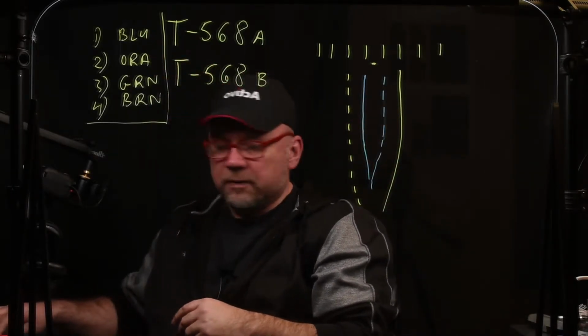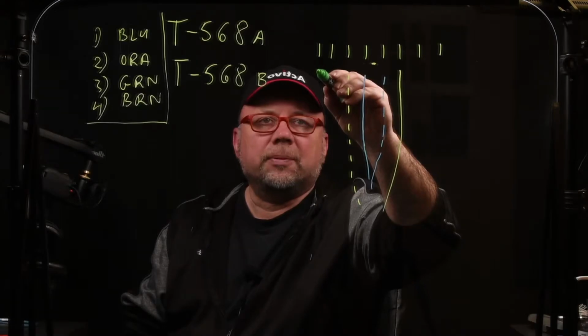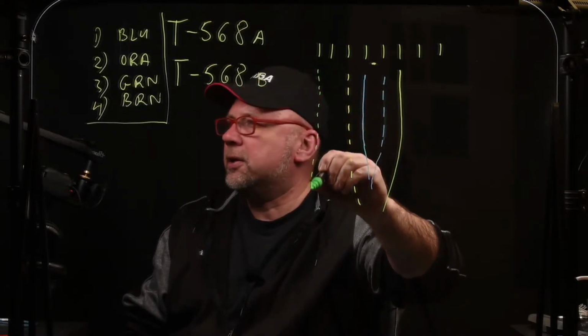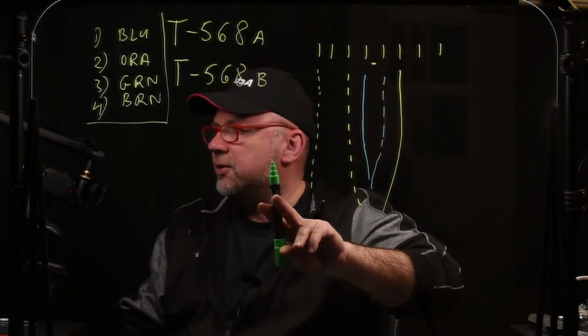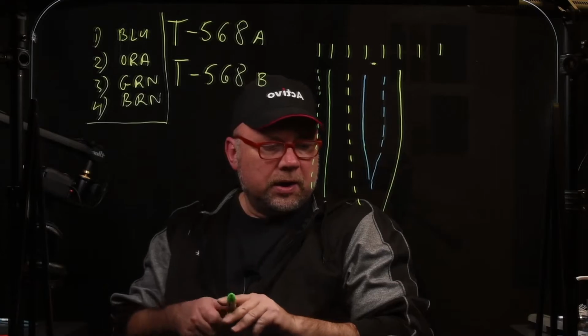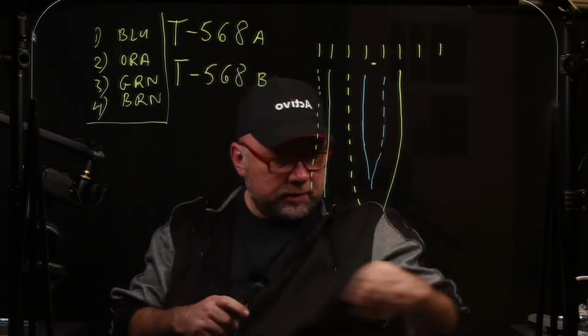Blue, orange. Then we're going to have green, and remember everything else goes with the stripes on the left. So we're going to have stripe on the left. Here's the green. It's supposed to be green, and here's a solid green. And brown. I don't have brown, but I have a pink.